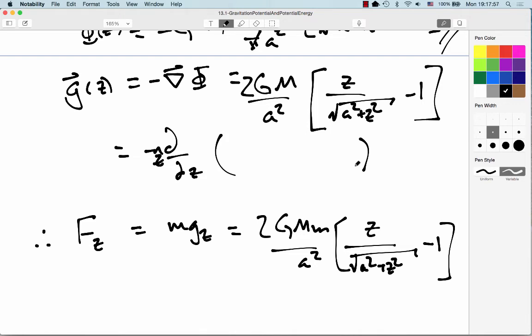Okay. And we're choosing cylindrical coordinates because we have a cylindrical symmetry. Always choose your coordinate system to match the symmetry of the problem.